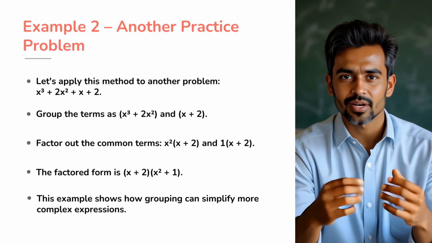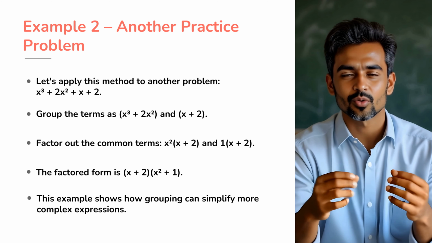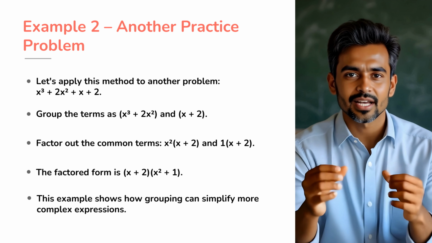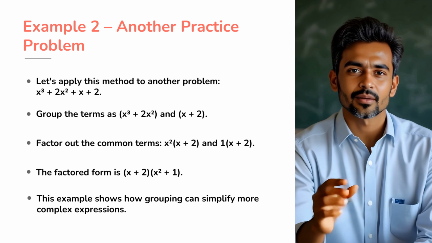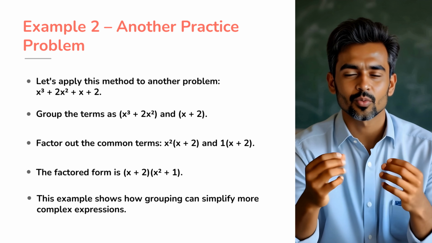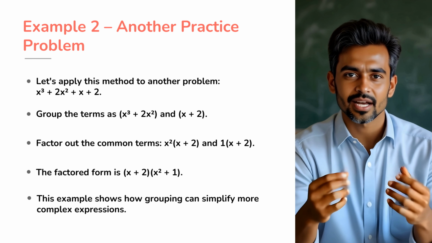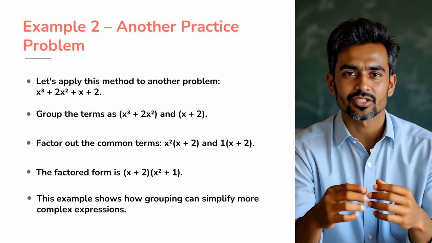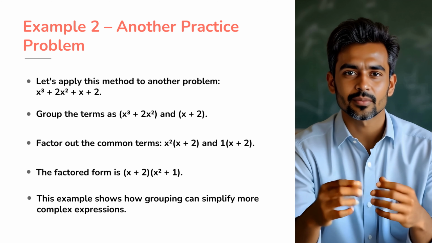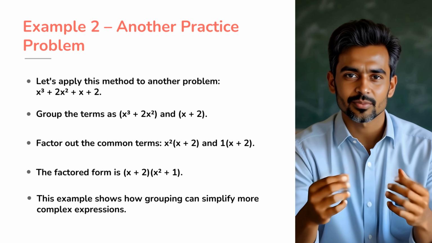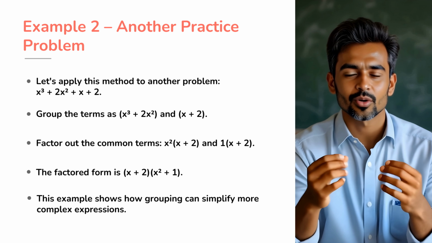In the second group, x plus 2, we can factor out 1, so we get 1 times (x plus 2). Now we see that both parts have the common factor, x plus 2, so we can factor it out. (x plus 2) times (x squared plus 1). That's our fully factorized expression. This example demonstrates the simplicity of the method, even with more terms involved.